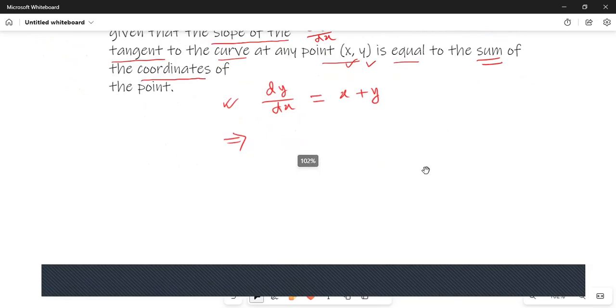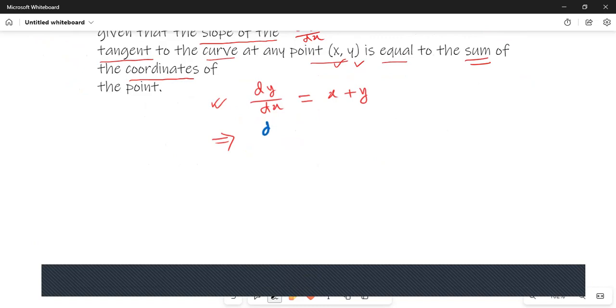So what we will do, dy by dx we write, and then which one would you shift? Tell me, x or y? Y. Okay, we shift y to the left. So we just change it like this.